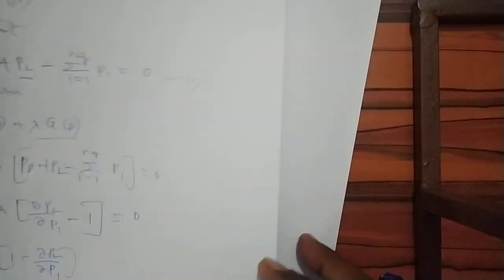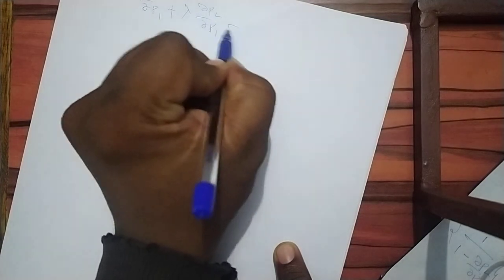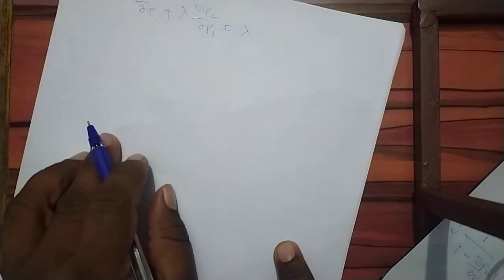Now we can write this expression as dou Ci divided by dou P1 plus lambda dou PL divided by dou P1 is equal to lambda.